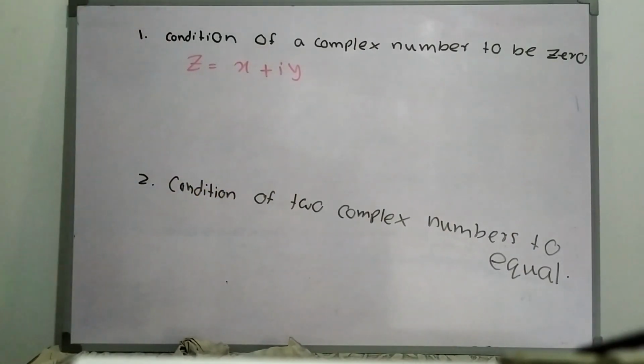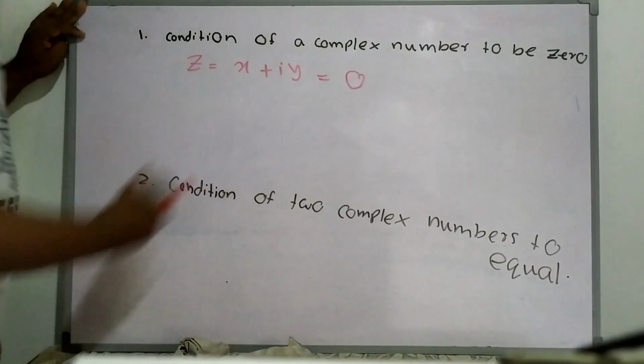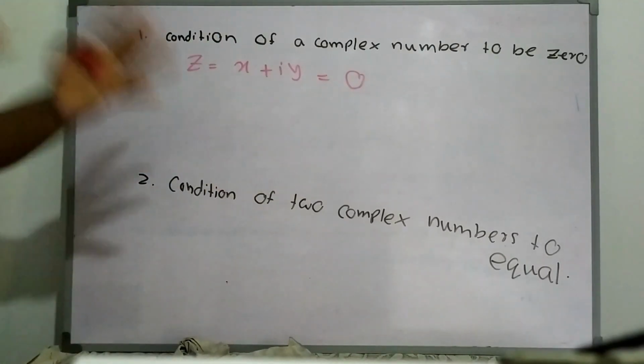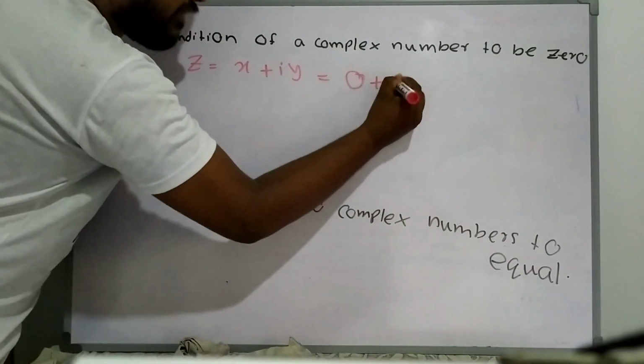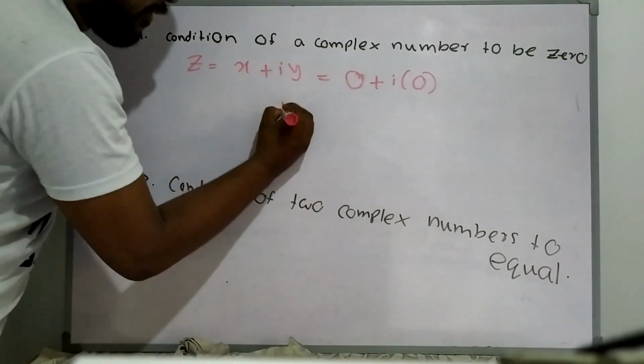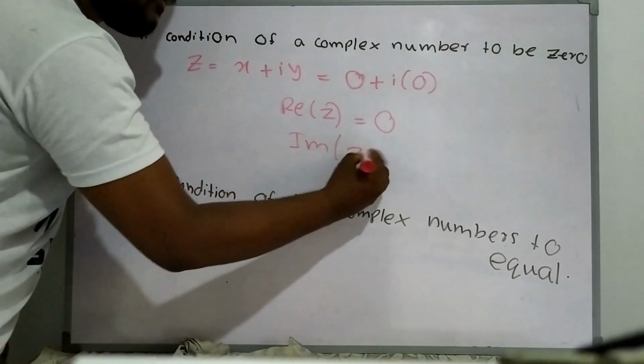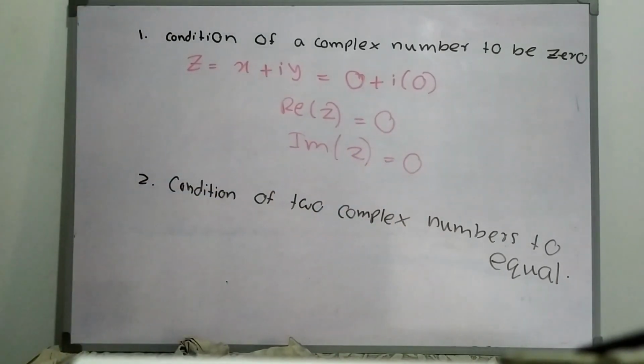If this complex number is 0, it means the real part and the imaginary part both should be 0. It's like 0 plus i0. So the real z should be 0 and the imaginary z should be 0. Separately, both should be 0.